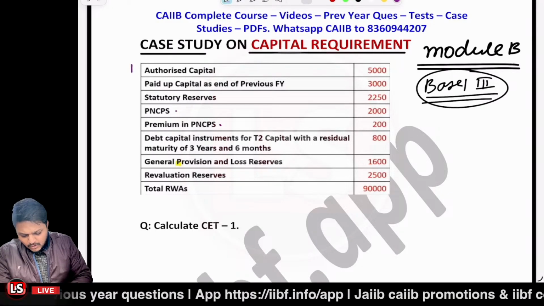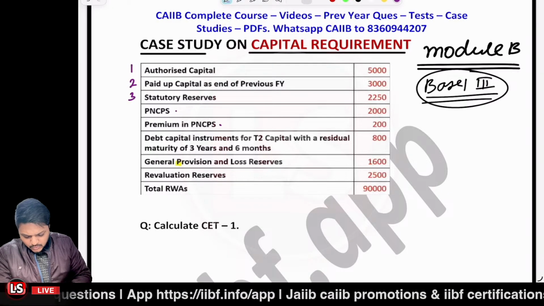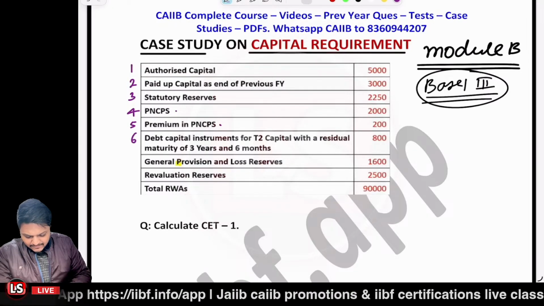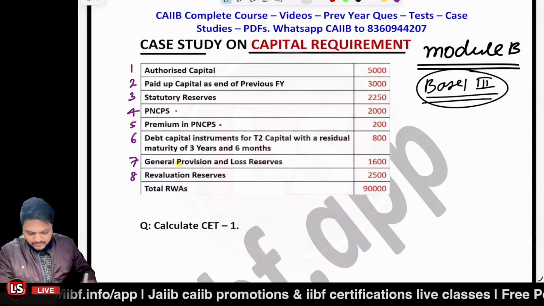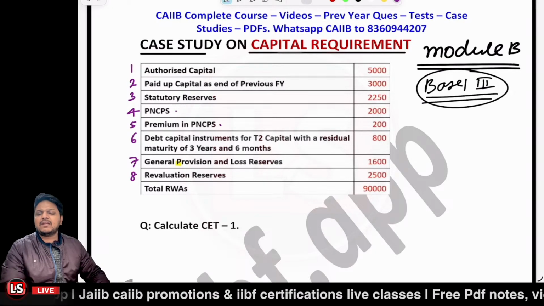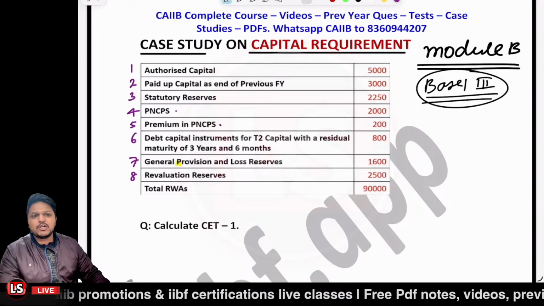I'm going to number all these terms first: 1, 2, 3, 4, 5, 6, 7, 8. So in total, we have 8 components mentioned here.